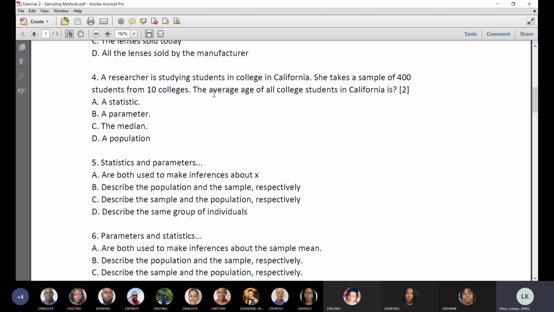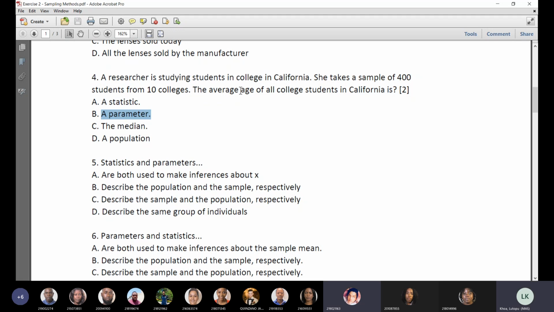I have the average age of all of them. Now the population in this case would be all the college students, so the average age is a parameter. So remember, P for parameter, P for population.